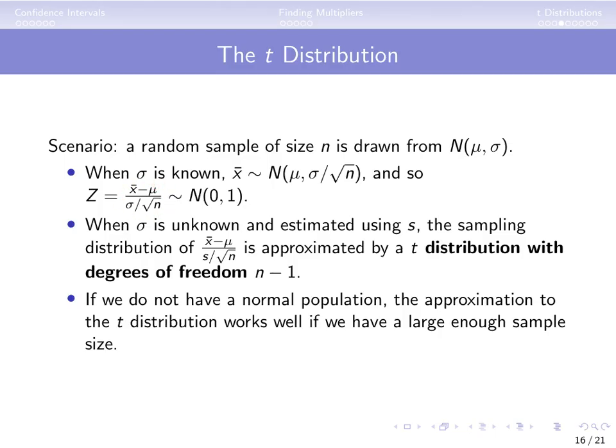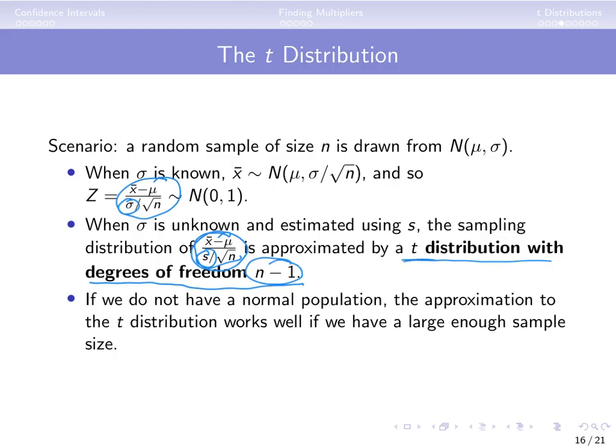When sigma is unknown and estimated using the sample standard deviation, the quantity we are looking at is now x bar minus mu over s over square root n, rather than sigma over square root n. This quantity is approximated by something that's not really a standard normal distribution, but a t distribution with degrees of freedom given by n minus 1.